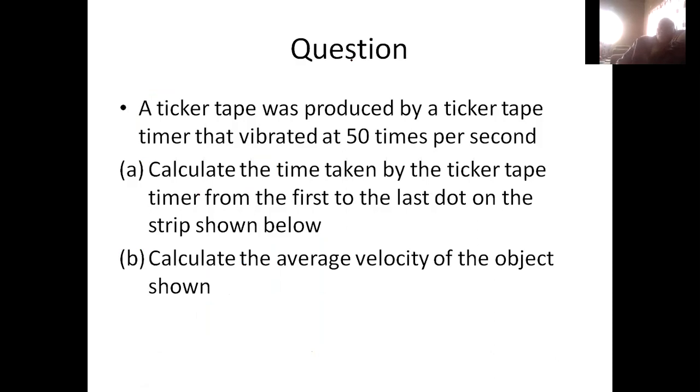Here is a question. A ticker tape was produced by a ticker tape timer which produced actually 50 ticks per second. Calculate the time taken by the ticker tape timer from the first dot to the last dot on the strip shown. So we have a strip here.